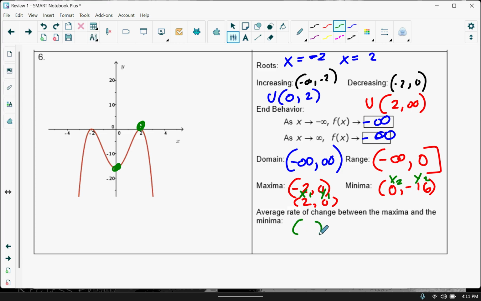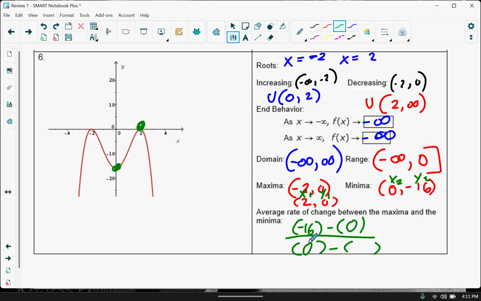So I'm going to put my little parentheses into this fraction, and in between each set of parentheses we're going to put some minuses. So y2 goes first, so you put negative 16. Y1 goes next, so then we put 0. X2 goes at the bottom of the fraction in the first parenthesis, so I put a 0.